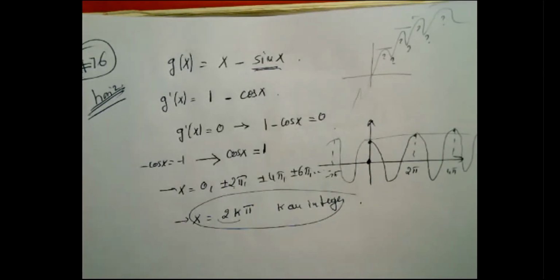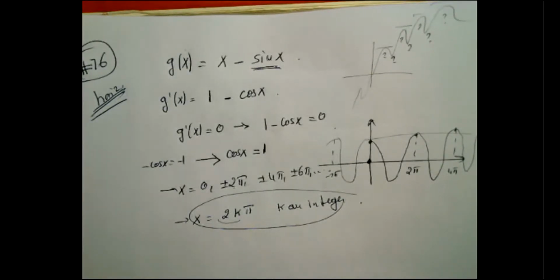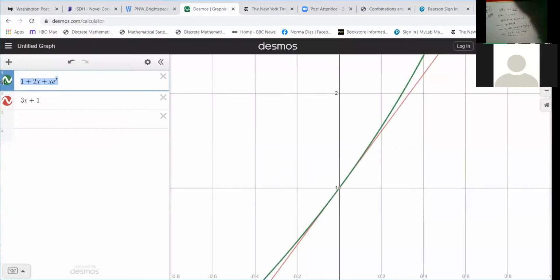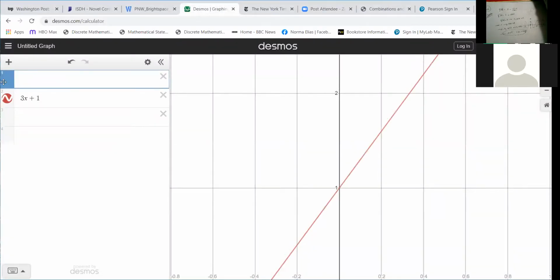So if we graph the function a little bit, let me try to share the screen and graph it. Okay, so this is my screen here, and my function is x minus cosine x.